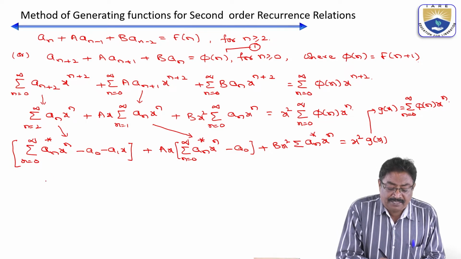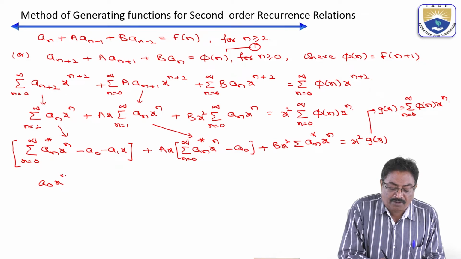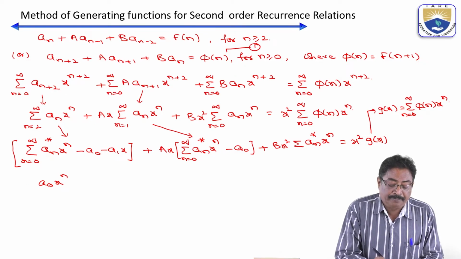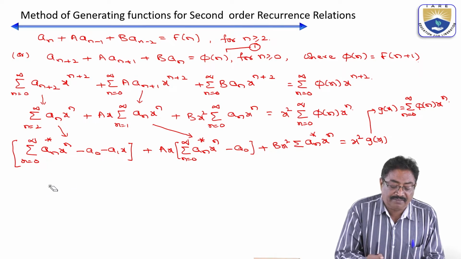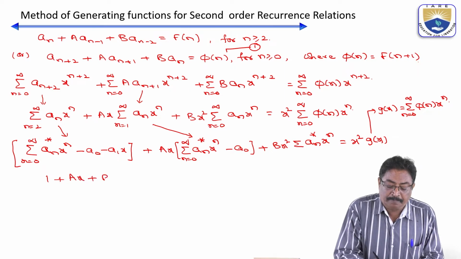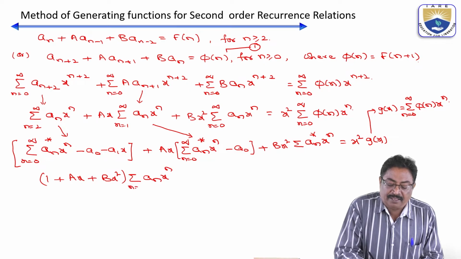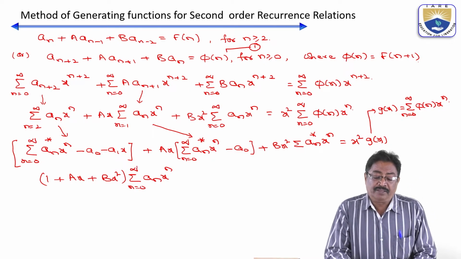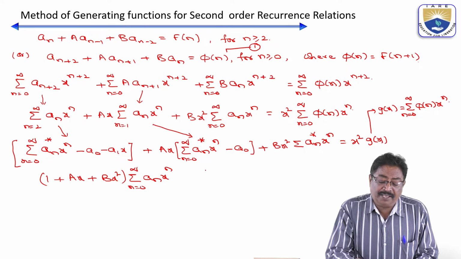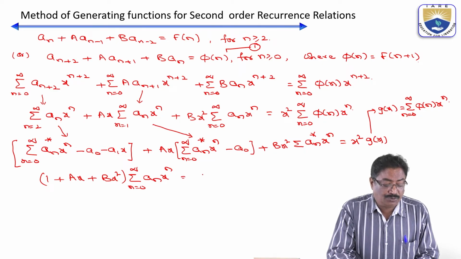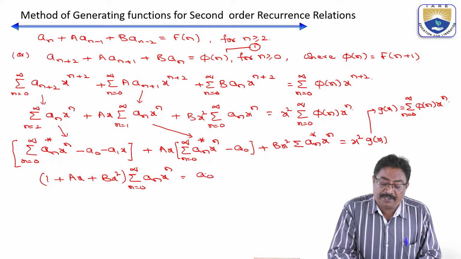So what I am going to get is the summation of a n x to the power of n common, then the first one is 1, the next is plus a x, and the next is plus b x square. Then the remaining things I am going to take to the other side: a naught and a1x.